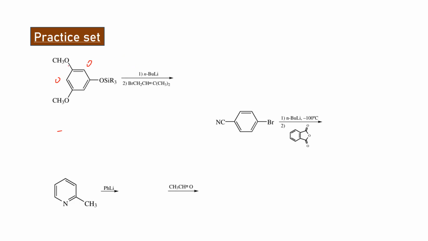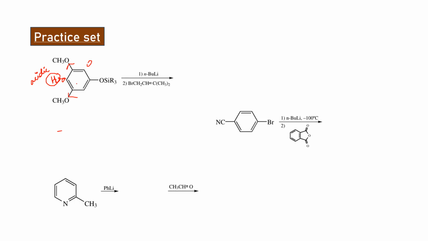As this is just adjacent to two electron withdrawing groups, this hydrogen becomes highly acidic. Because of that, butyl lithium will take up this proton and generate an organolithium species here.